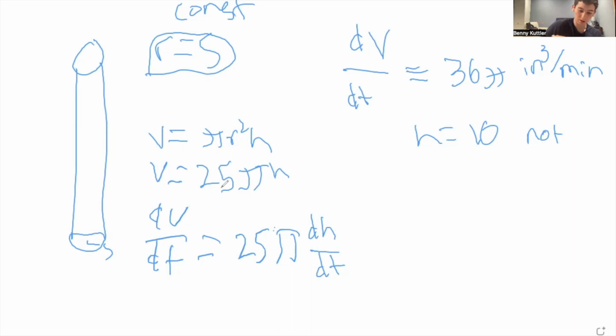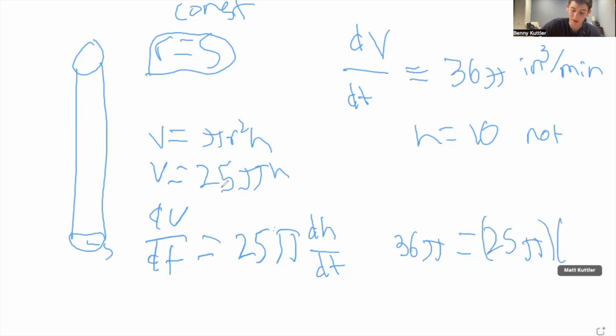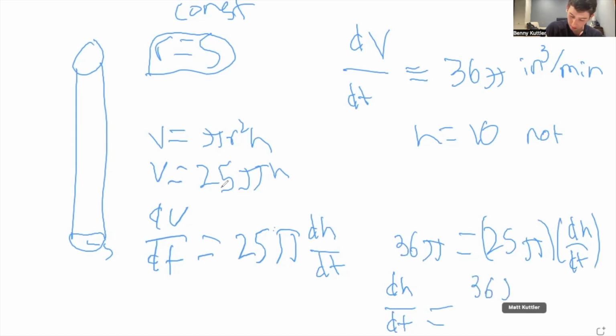So now we can plug in our known variables. So we have dv dt is 36 pi equals 25 pi times dh dt, which is what we're looking for. Now we isolate dh dt. So we have dh dt equals 36 pi over 25 pi.